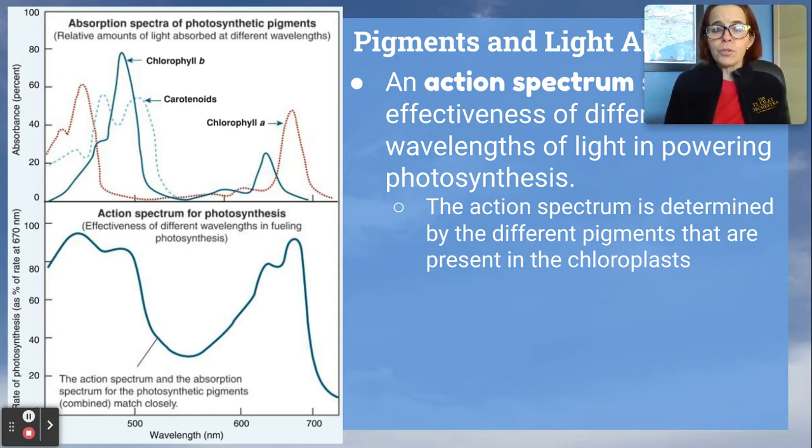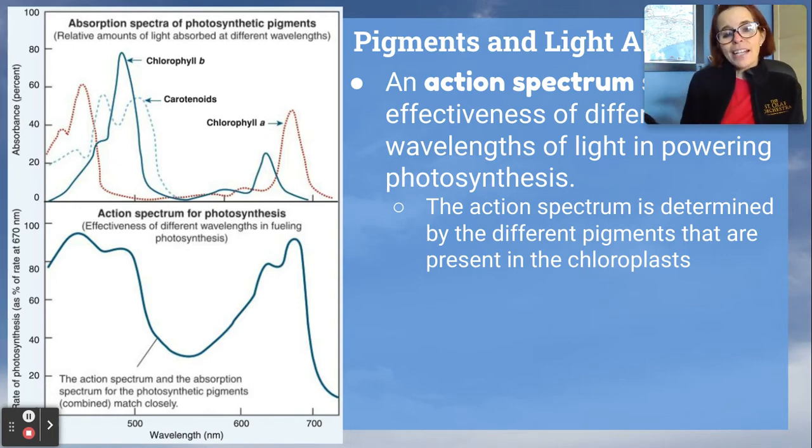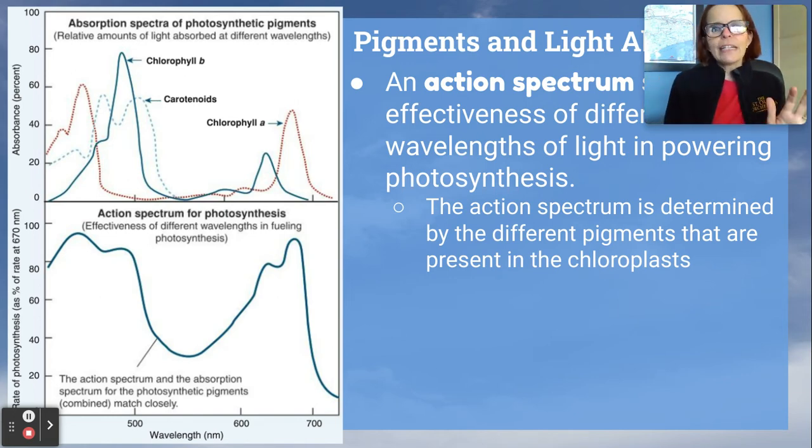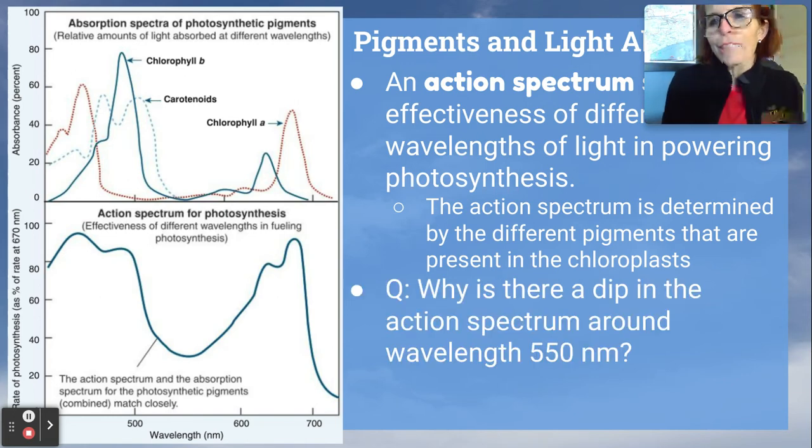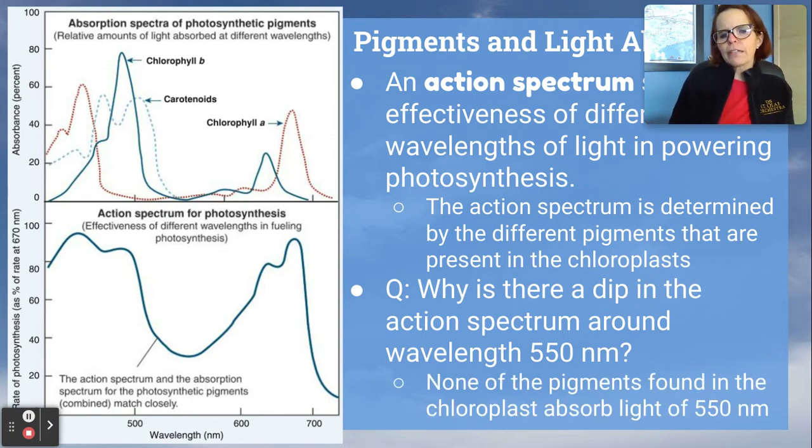Plants want blues, which are down below 500, blues and purples, and they want reds, which are above 600. So orange, yellow, red, those are the colors that they work with best. And green, the reason you see green is that it's reflected back to your eyes. It's not absorbed by the pigments that are found in the leaf. So it says, why is there a dip in the action spectrum around wavelength 550 nanometers?